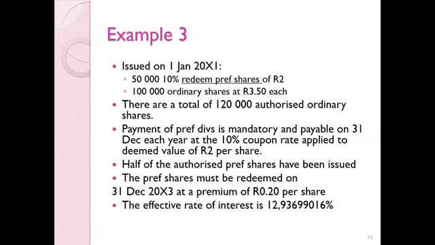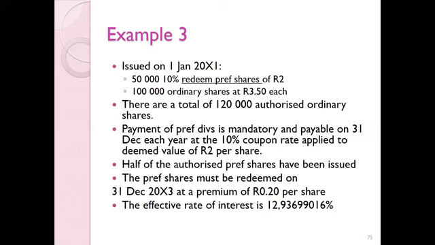Looking at example 3, very similar to our previous example, the number of shares that are issued on the 1st of Jan 20X1 is 50,000 10% redeemable preference shares of R2 and 100,000 ordinary shares at R3.50 each. There are a total of 120,000 authorized ordinary shares. We were then also told that payment of preference dividends is mandatory and payable on the 31st of December each year at the 10% coupon rate applied to the deemed value of R2 per share.